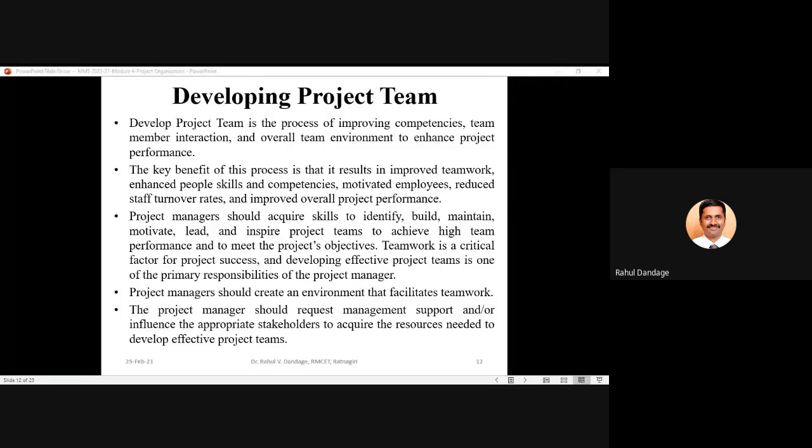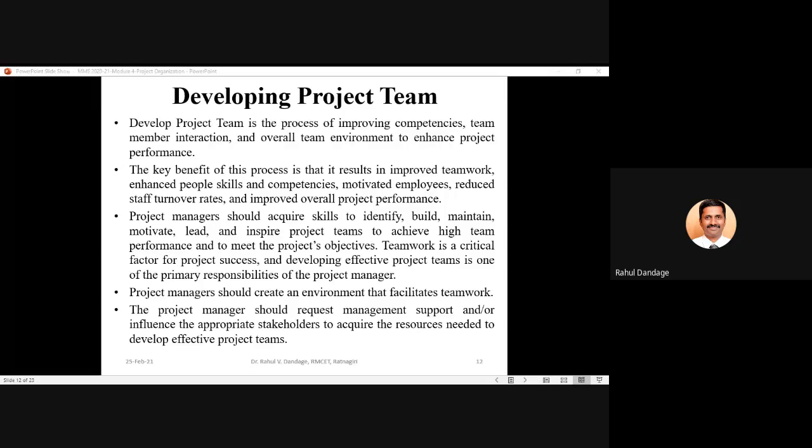Then the third benefit will be that the employees will always be motivated to perform the task which is assigned to them. If there is no proper project team development process established, then employees may have certain resistance to certain activities, some inertia to execute some activities.